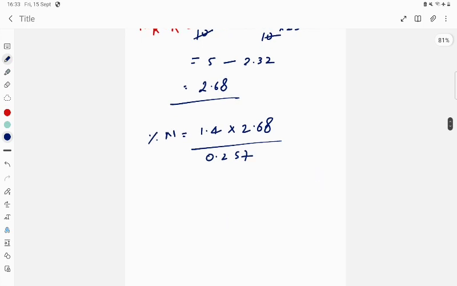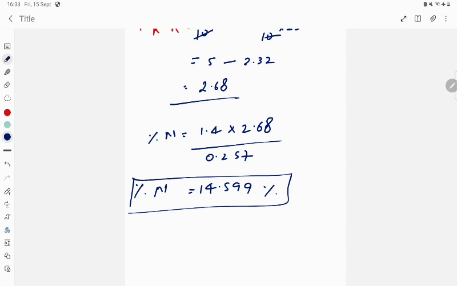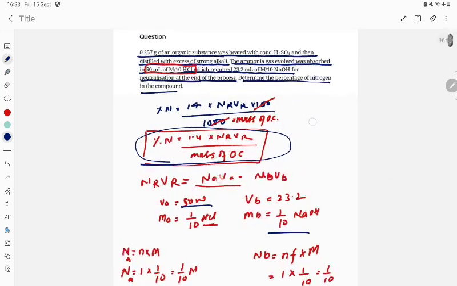Now solve it, student: 2.68 multiplied by 1.4, divided by 0.257. It is coming 14.599 percent. So percentage nitrogen is 14.6%. This is our required answer.